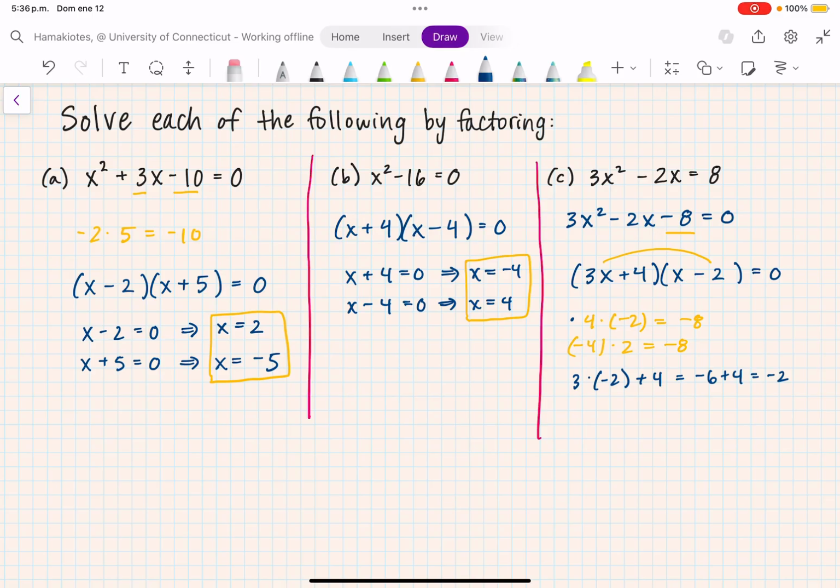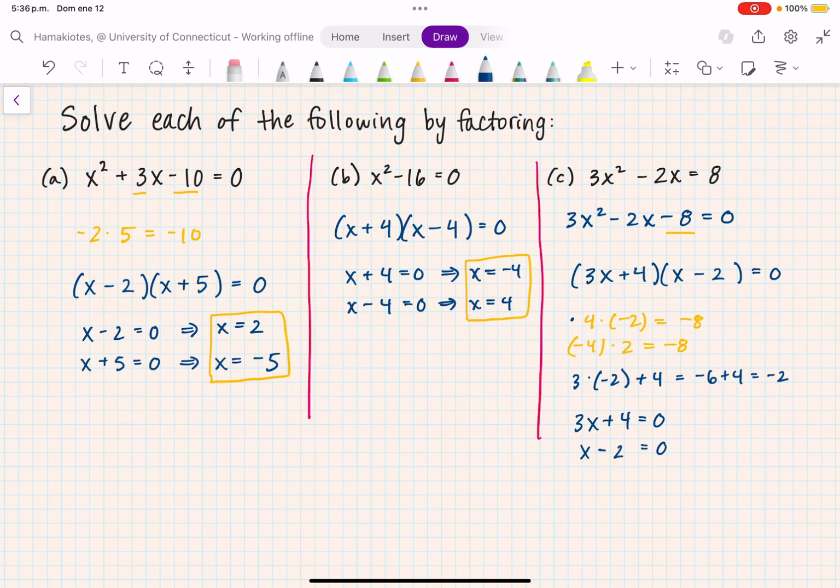And so if we factor this, we should get that it multiplies out to get 3x squared minus 2x minus 8. Great. So now, what does that tell us? That tells us that 3x plus 4 equals 0, or x minus 2 equals 0.